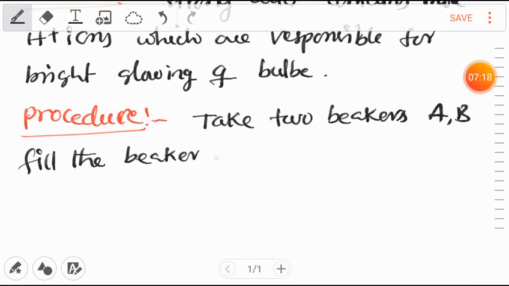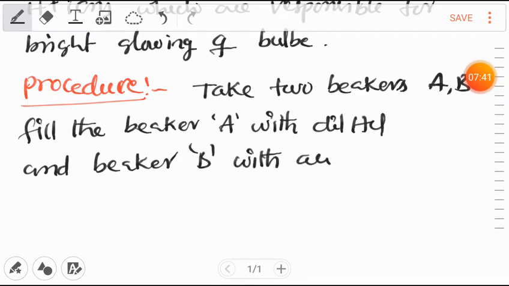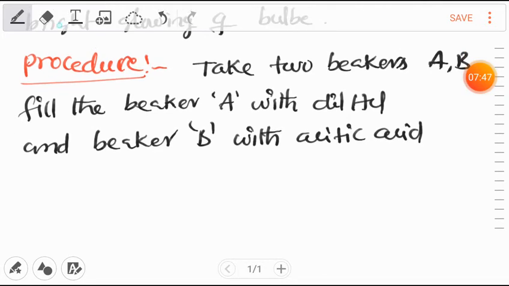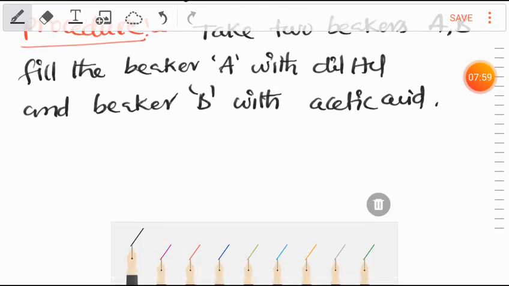So fill beaker A with dilute HCl and beaker B with acetic acid.